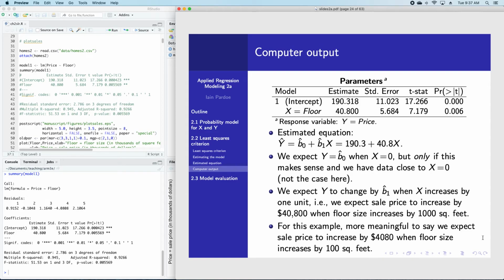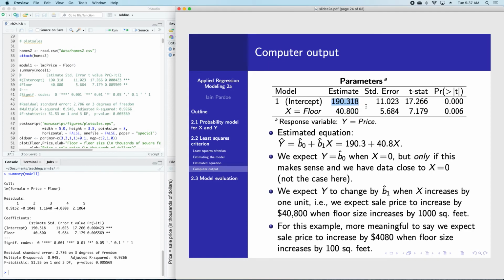So that's an important part of interpreting some of the output from a simple linear regression analysis. You get your table of parameters or coefficients, and you look for the y-intercept, and you look for the slope.